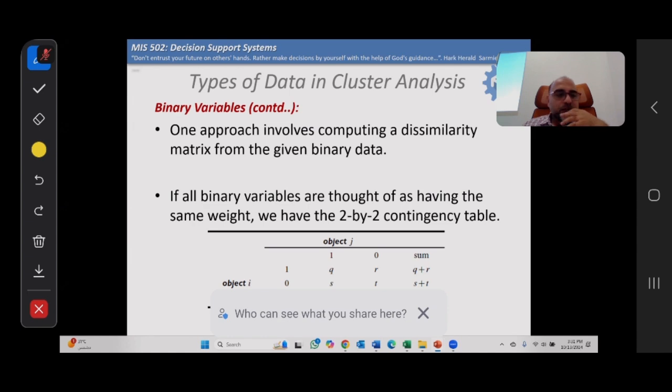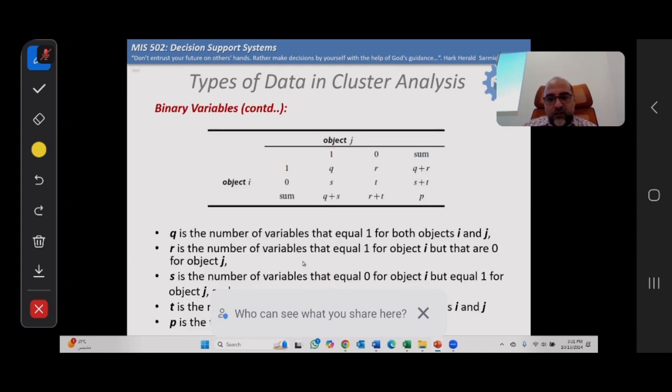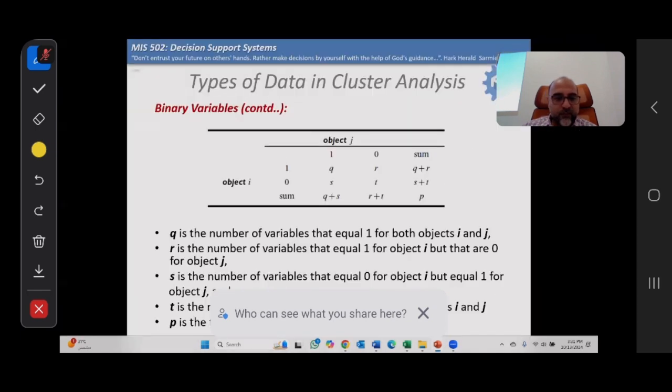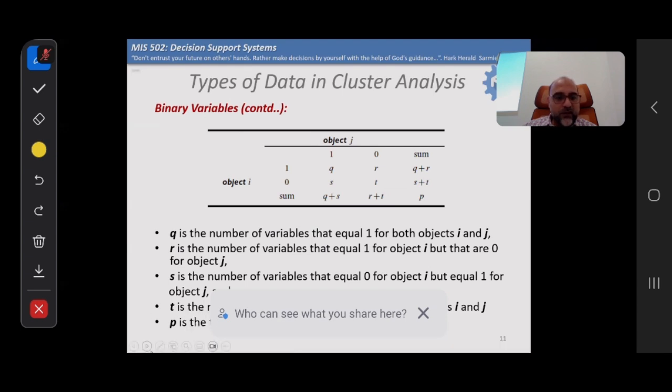The differences, or the dissimilarity, is calculated in a slightly different way. In order to understand this, let me just go to full screen again. Okay, now I can see my pen.